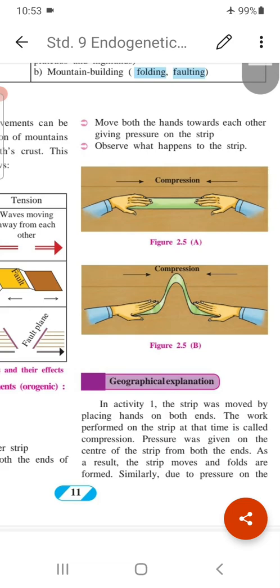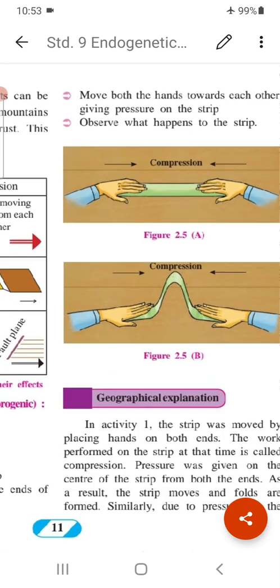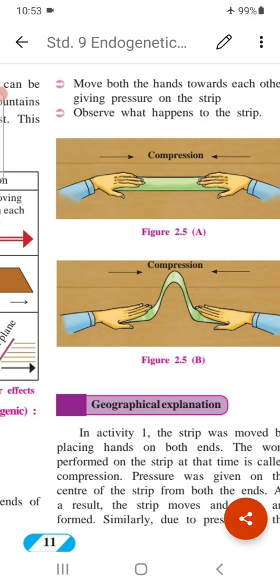Now what happens here due to this type of movement? In activity 1, the strip was moved by placing hands on both ends. We have done this. The work performed on the strip at that time is called compression. What is it called? Compression. Pressure was given on the center of the strip from both the ends.